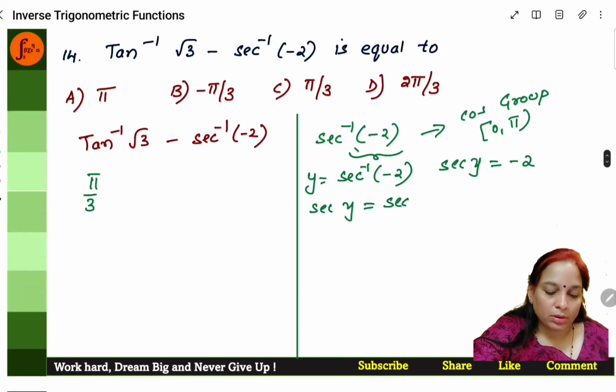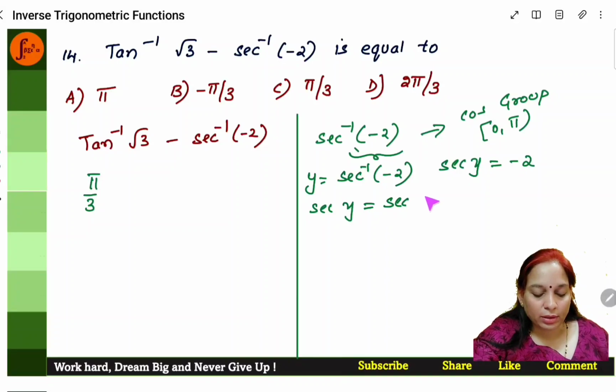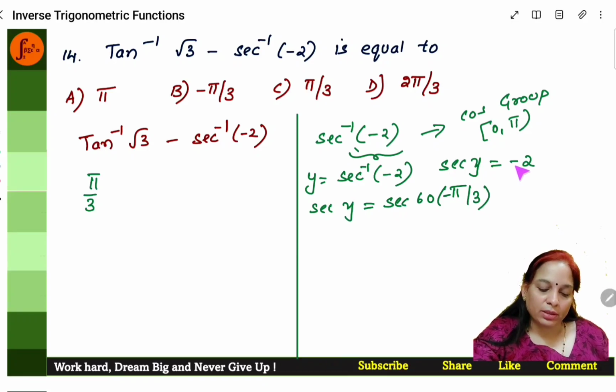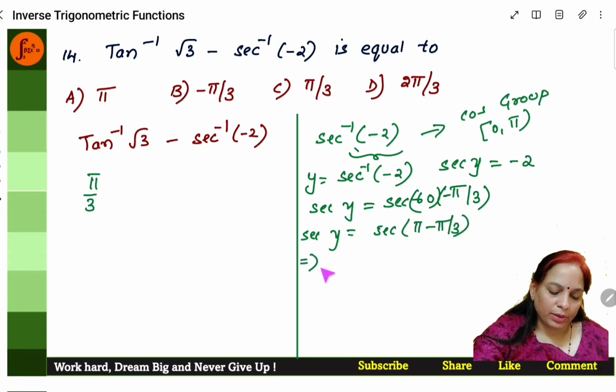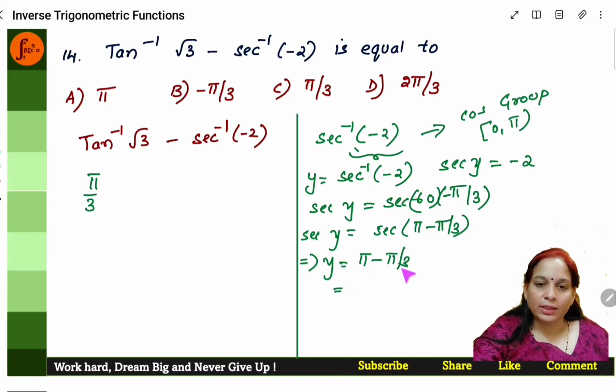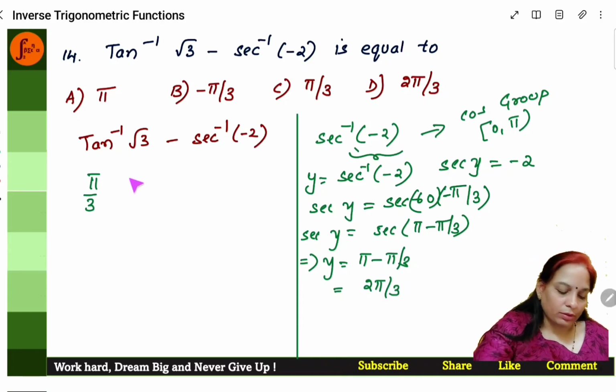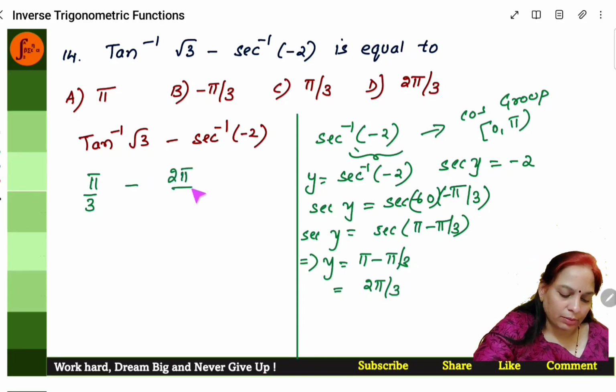This is equal to 2 is nothing but secant 60 degree. 60 degree is pi by 3. Notice there is minus here. So we'll have to subtract from pi. That is secant of pi minus pi by 3, which implies that y is equal to pi minus pi by 3. You take the LCM, so it will be 3 pi minus pi, which is 2 pi by 3. So this is going to be 2 pi by 3.